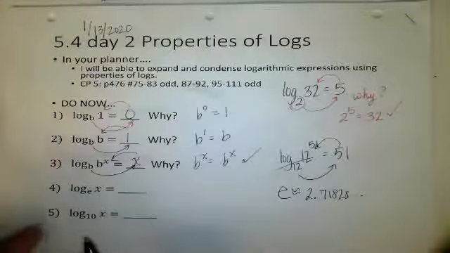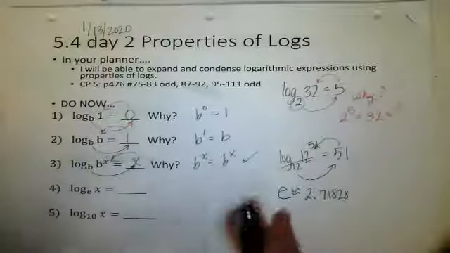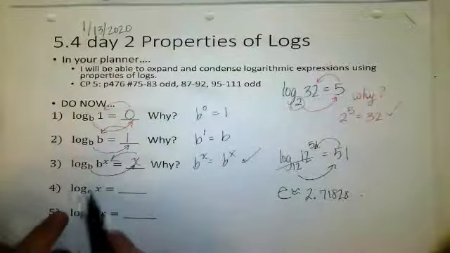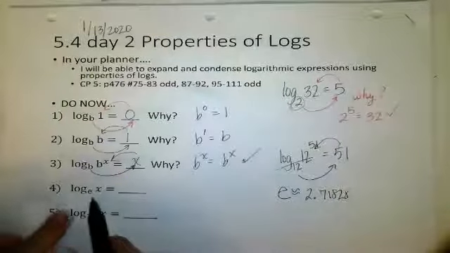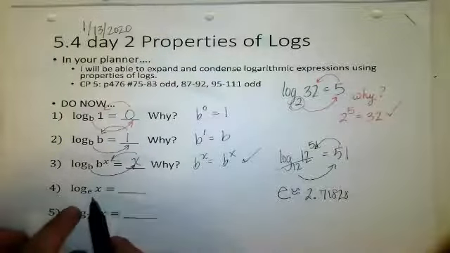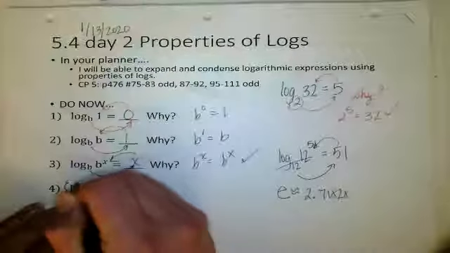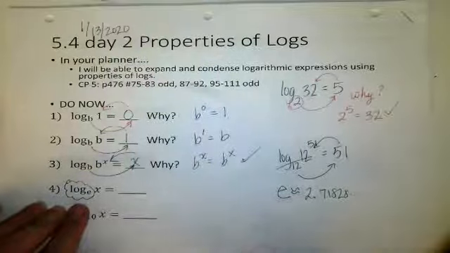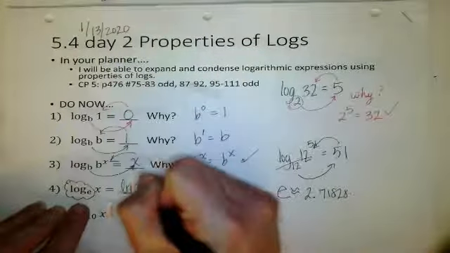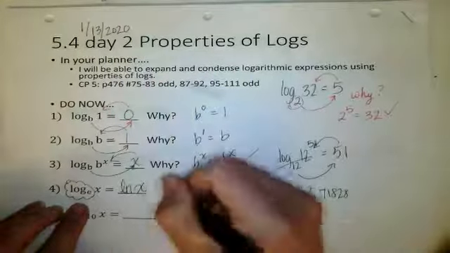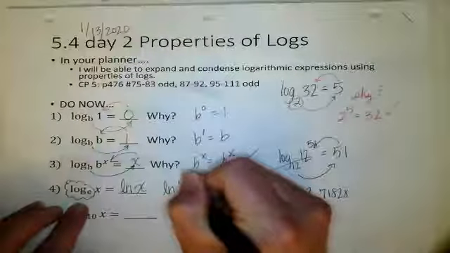And that's all fine and dandy. But we use this a lot, base e. And so we have a shorthand. Anytime you see log base e, we're going to trade it in for natural log. This is ln, called natural log.